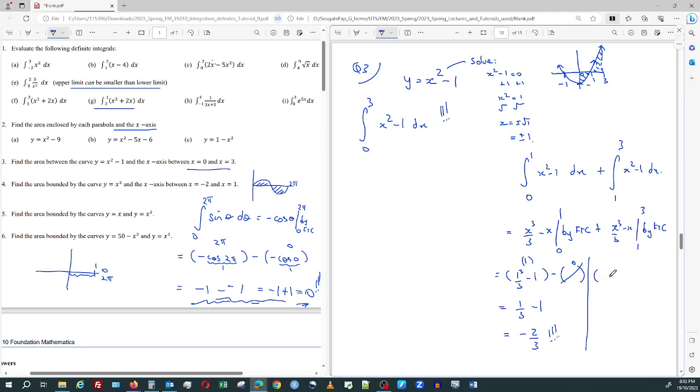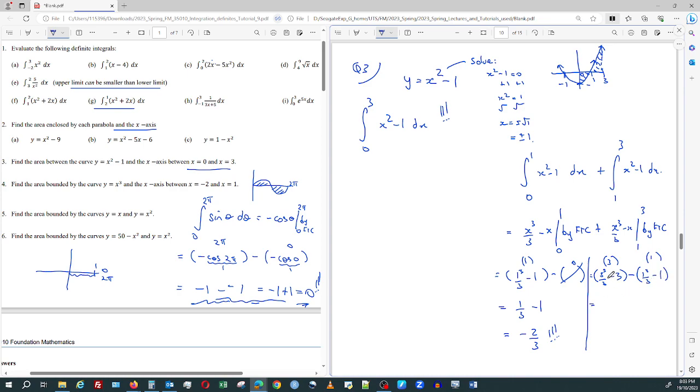We're going to have our scaffolding. This time we're going to have a 3 in there, and this time we're going to have a 1 in there. So we're going to have 3 cubed over 3, take away 3. Here we're going to have that 1 cubed again over 3, take away 1.